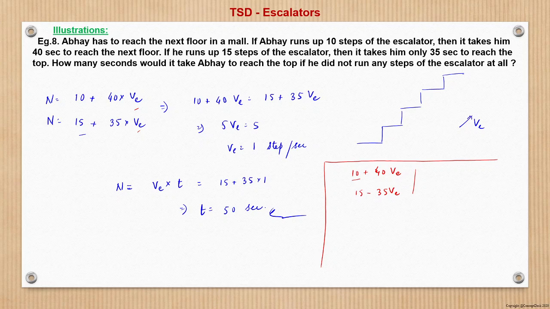But here, Abhay has not run from the start to the end. He started running and then stopped midway in the first case. Similarly, in the second case, he started running and stopped midway. So we could not have used that. However, in this given question, in both cases they are moving in the same direction, so that question did not arise, right? So we'll move to the next question.